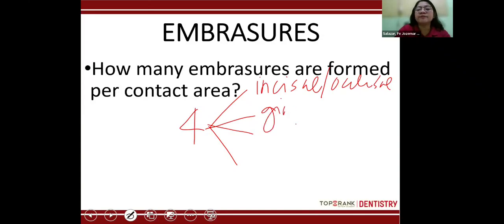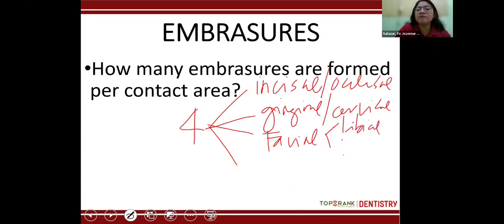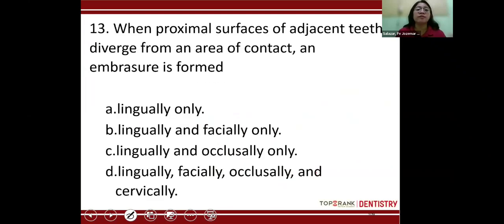You have gingival or cervical embrasure. Then you have your facial, so labial for anteriors and buccal for posteriors, and lingual. Okay, for all teeth. Yan. Okay, so lingual embrasure. Those are the 4 embrasures.